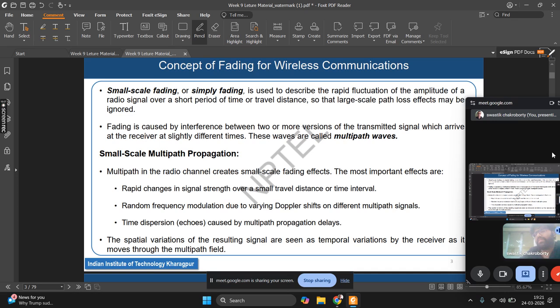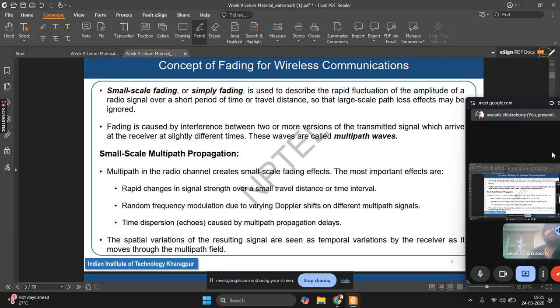Now these paths, when they converge, can either be constructive or destructive depending on the phase. If they are constructively interfered, they will add up. If they are destructively interfered, they will subtract from each other. Because it can either be addition or subtraction, it is not a monotonic loss like free space path loss, which is a monotonic loss. The further you go, the more loss you get. But here the signal can go up and down.